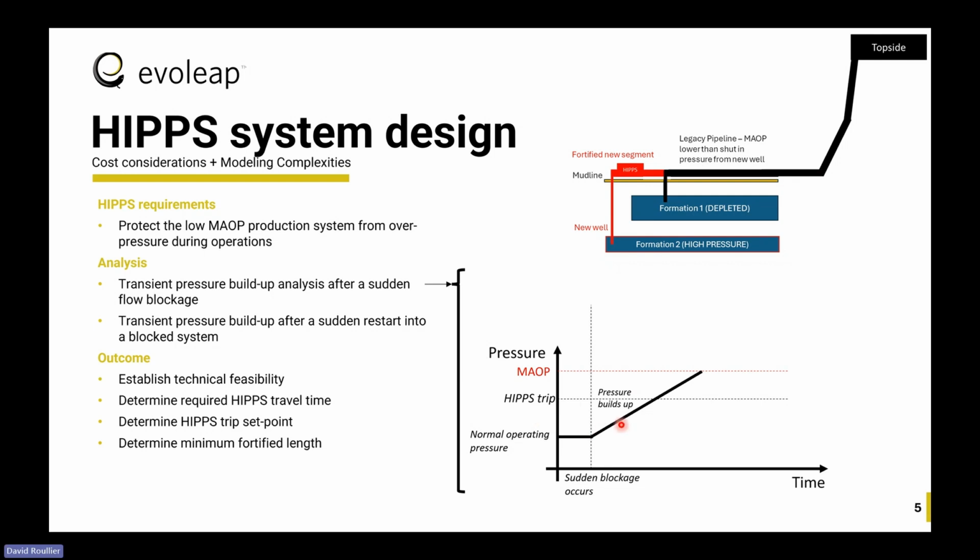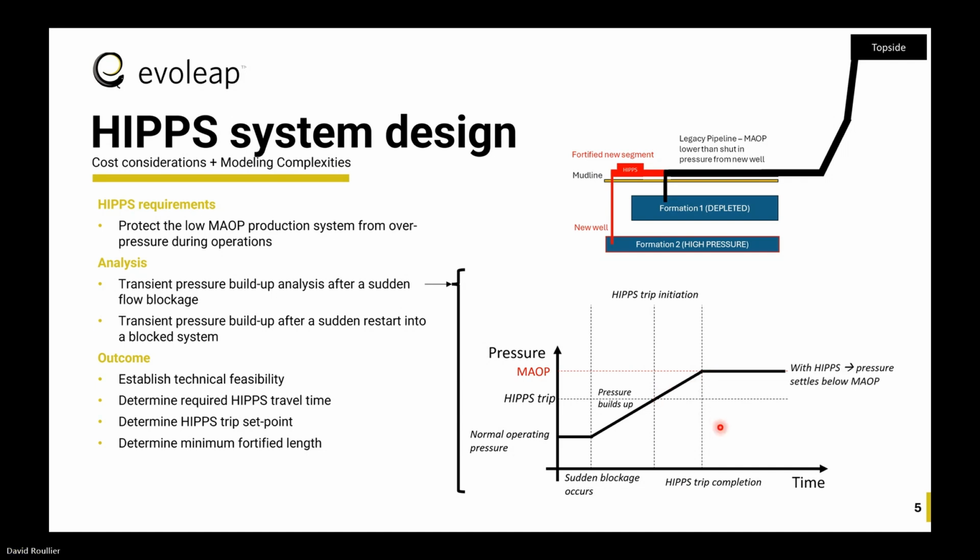At some point, the pressure will reach the critical point that's the HIPPS trip point, which you have designed your HIPPS to start slam shutting as soon as you detect this pressure, okay? The HIPPS will start tripping, and its entire reaction and travel time should be completed within the time that it would take to continue to pack all the way to the MAOP.